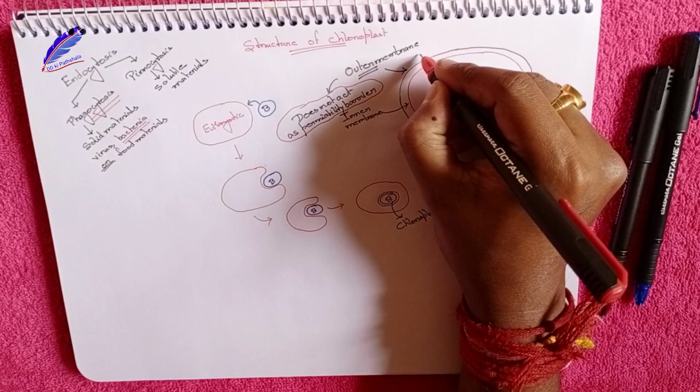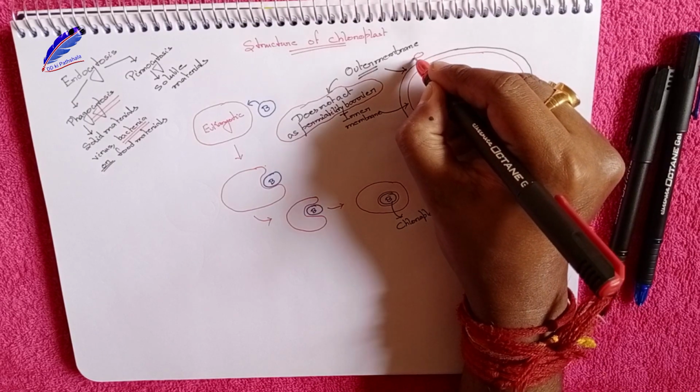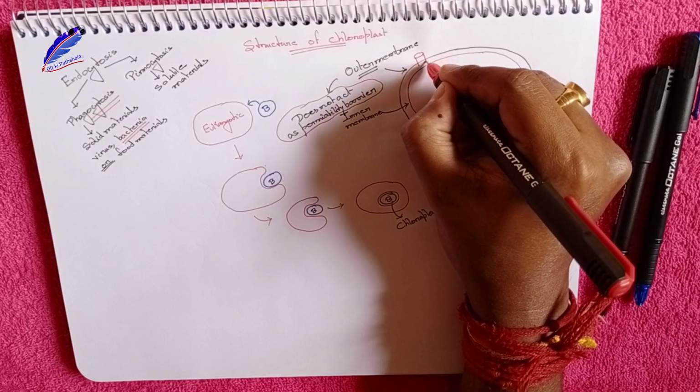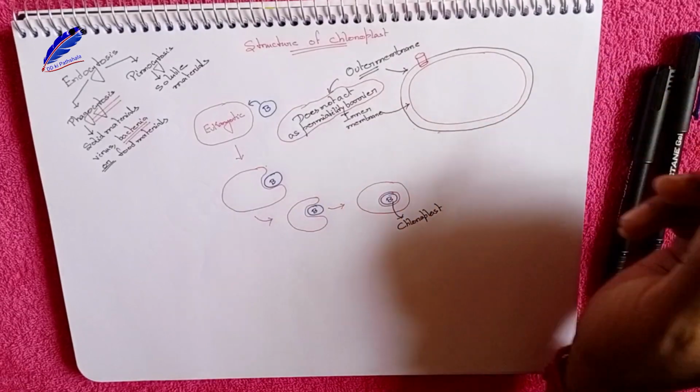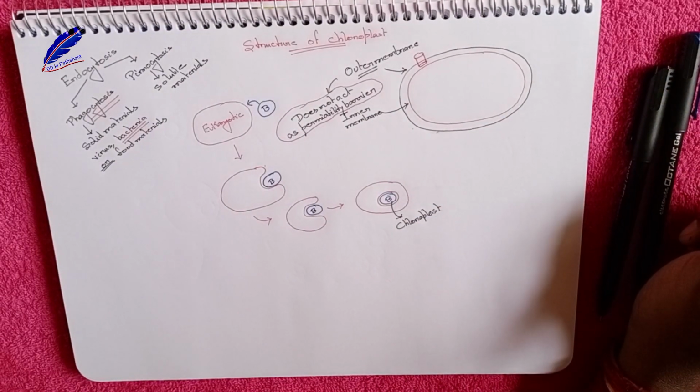Because in the outer membrane there are certain barrel-shaped pores called beta barrels, through which any molecule can enter.